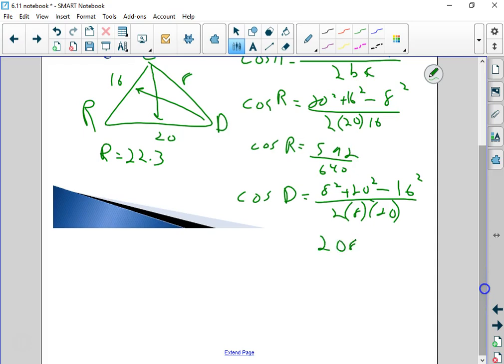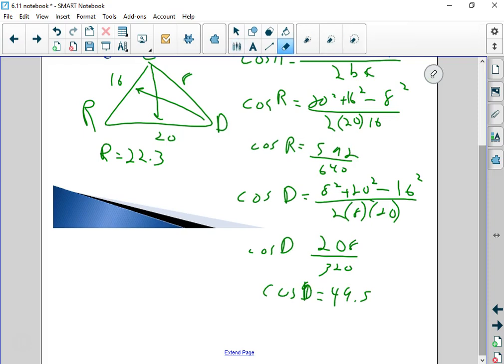That's 208, over 2 times 8 is 16, times 20 is 320. That's the cosine of D. Now we just do inverse cosine of 208 divided by 320, and that gives us D equals 49.5. Sorry.